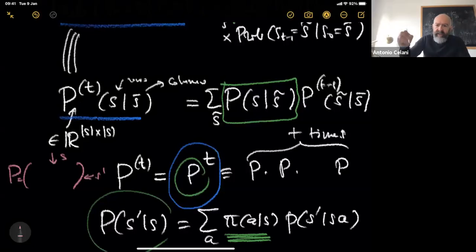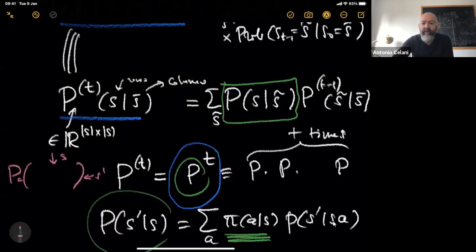So columns correspond to the starting state and rows correspond to the arriving state. And my P after t steps is the product of my single transition probability from one state to another, which I wrote explicitly here.